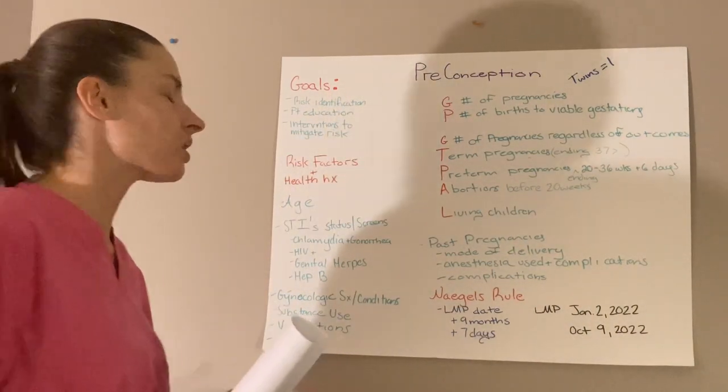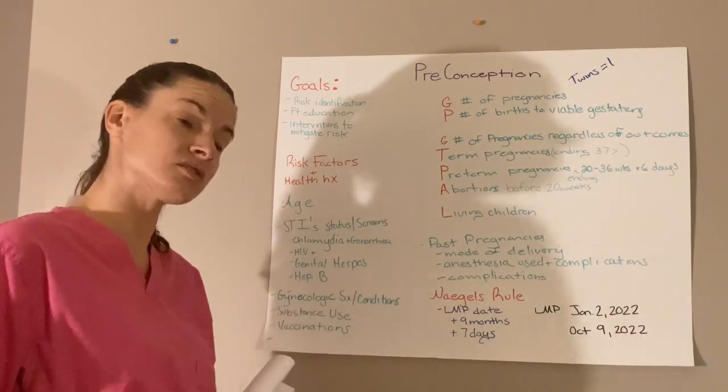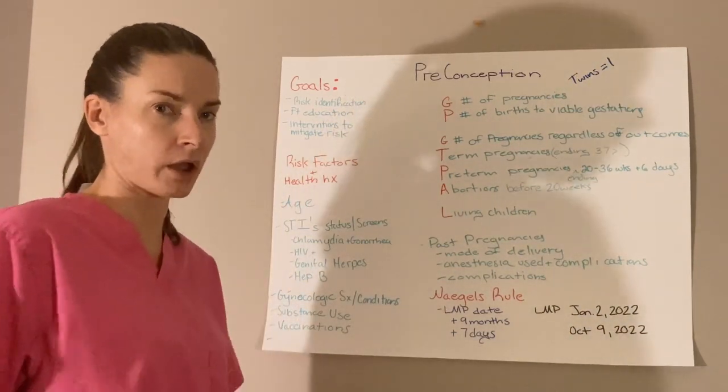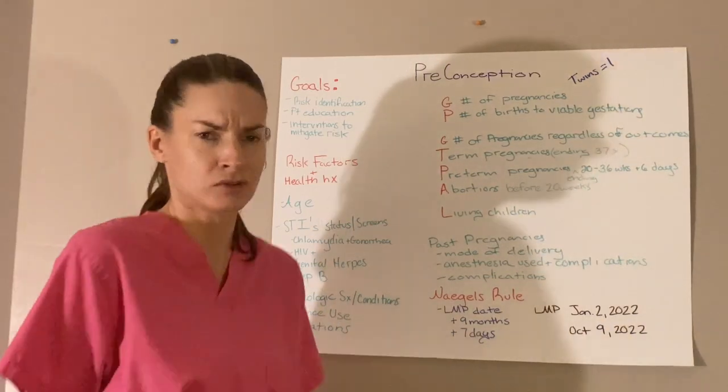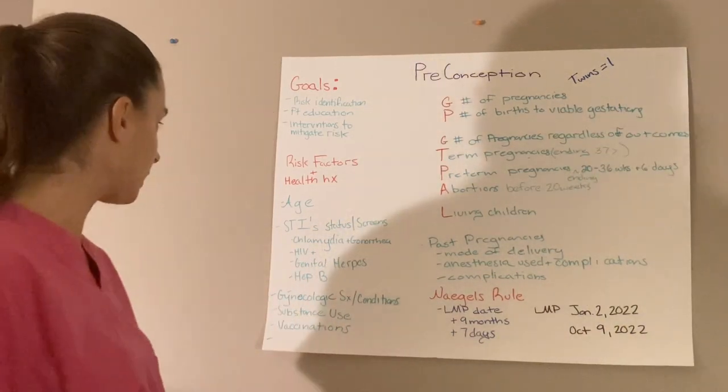Also, at that age she's more likely to have pre-existing conditions, which puts her at higher risk for complications in pregnancy, such as gestational hypertension.